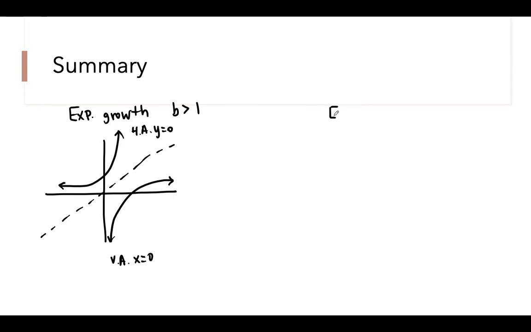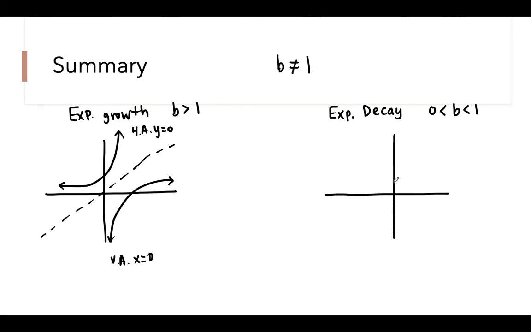On the other hand, if I have exponential decay, decay happens when base is in between 0 and 1. Keep in mind, the base cannot be 1. So decay will look something like this. For exponential, again, we do have a horizontal asymptote at y is equal to 0.